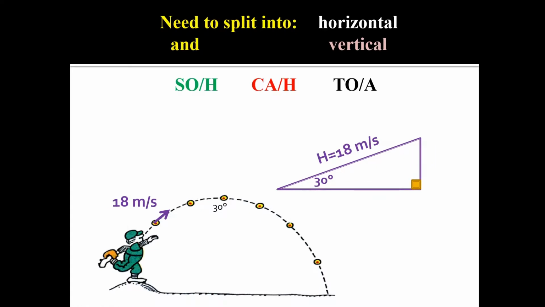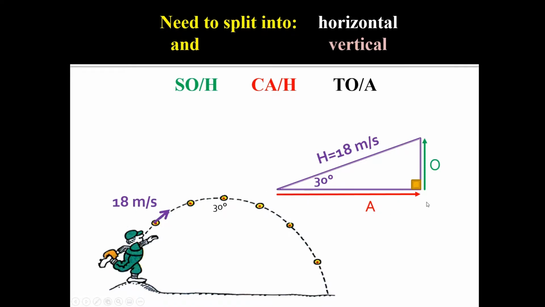We know the hypotenuse is 18 meters per second, but how can we use this to find the horizontal and vertical components? It sometimes is very helpful to label our right triangle so that we can find the opposite and adjacent sides. In this case, the vertical part of the triangle is opposite of our angle, and the adjacent part of the triangle is our horizontal component.